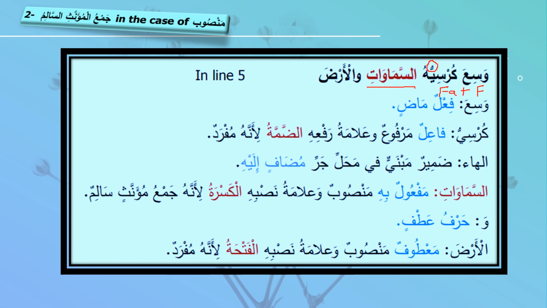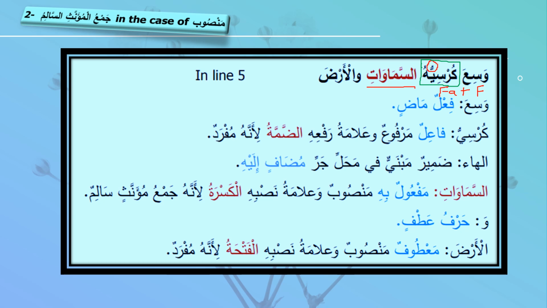Any of you who remembers the structure of noun plus damir, it is an idafa, right? I just explained so that you should always have in mind the structure of the noun.